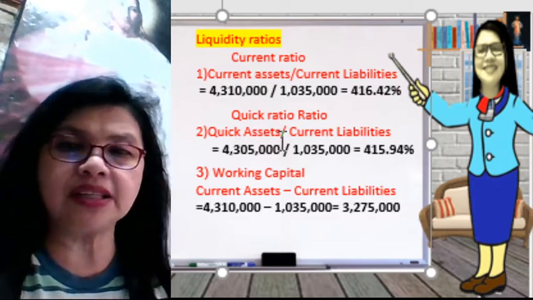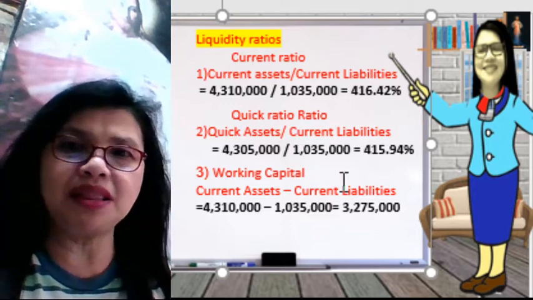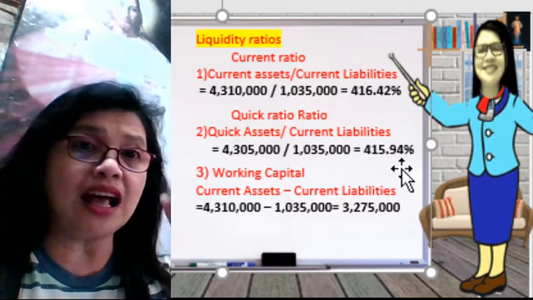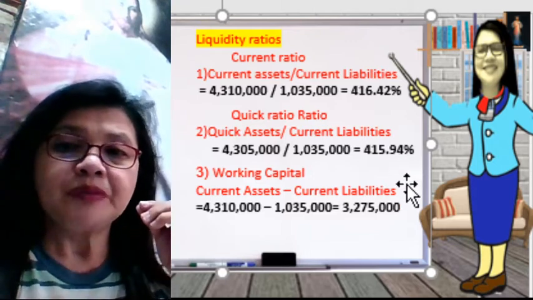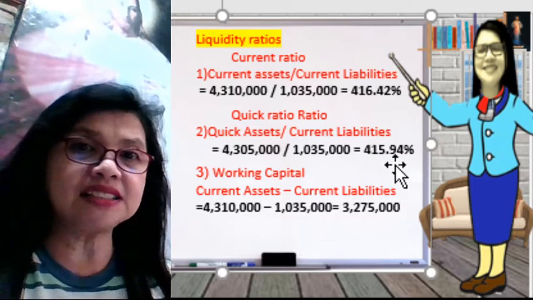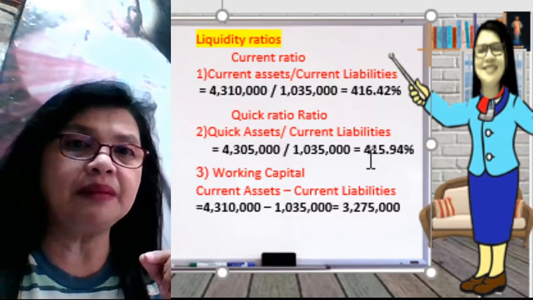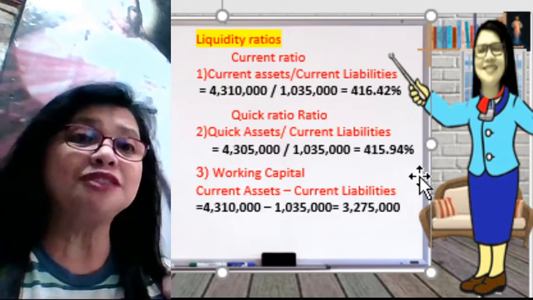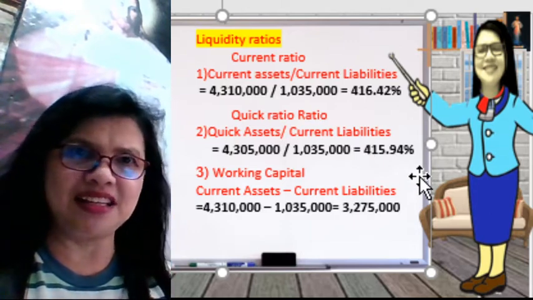So 4,305,000 divided by the current liabilities of 1,035,000 will give us a lower value, 415.94%. But in this case, still the company has a very good chance of being able to pay its current liabilities.